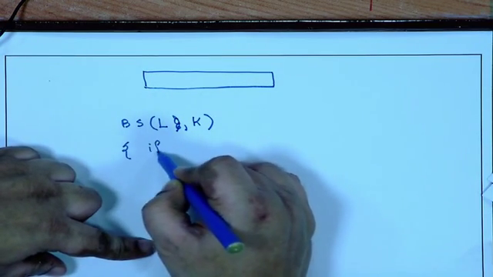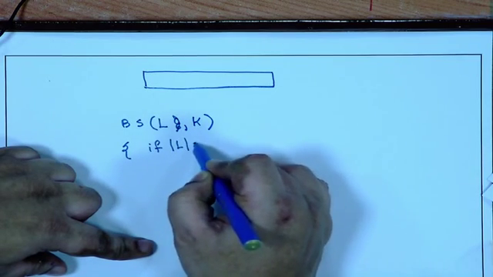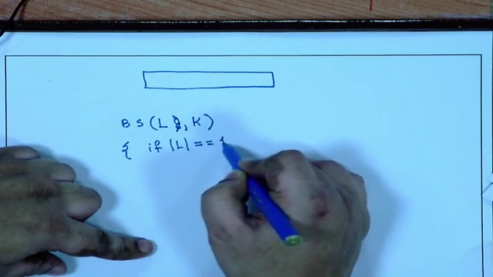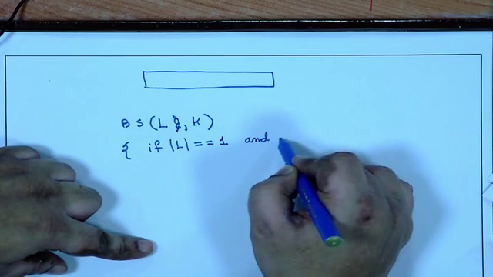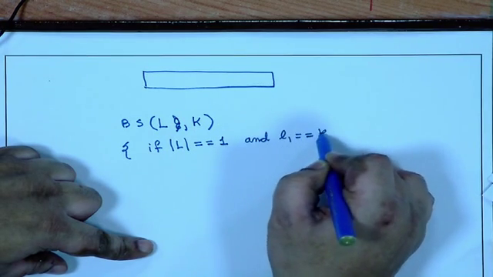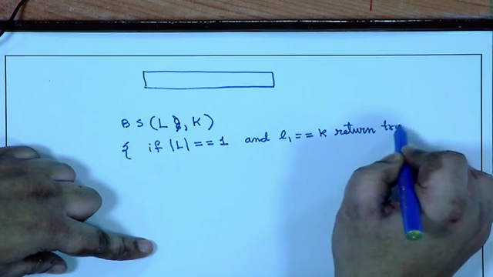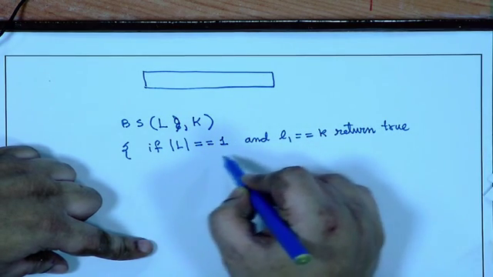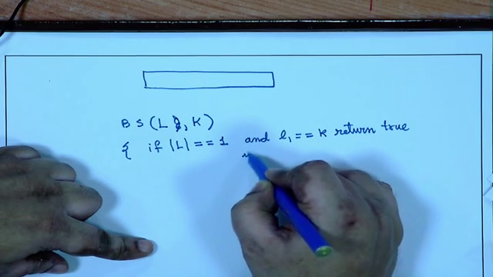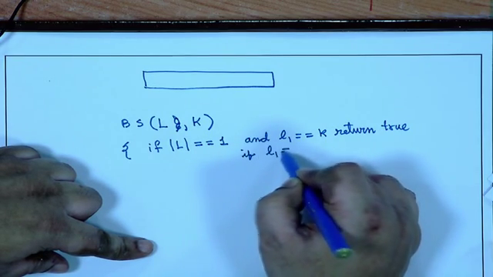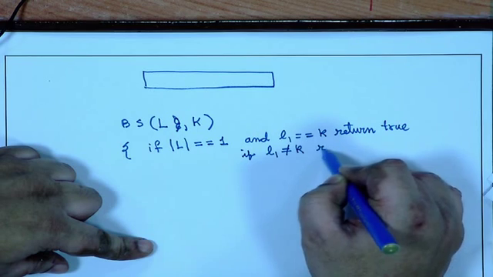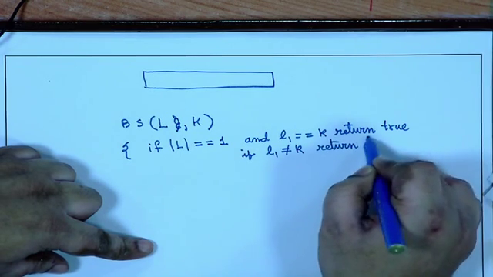Obviously, if the size of L is equal to 1 and L1 is equal to k, we return true, and if L1 is not equal to k, we return false. This is the base condition.